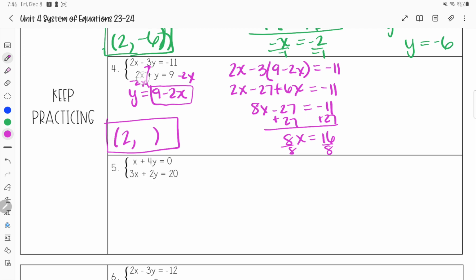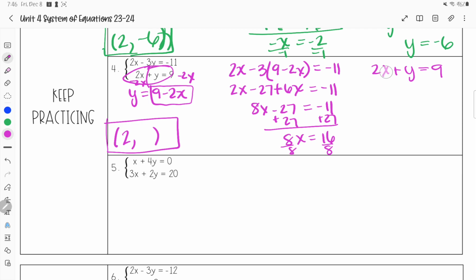Now that I know x is 2, I'm going to plug it in. It doesn't matter whether I plug it into this one or this one. I need to solve for y now. So I'm just going to plug it into this top one. Nope, I'm going to plug in this bottom one. I think it'll be easier. So I'm going to take this one and say 2x plus y equals 9.